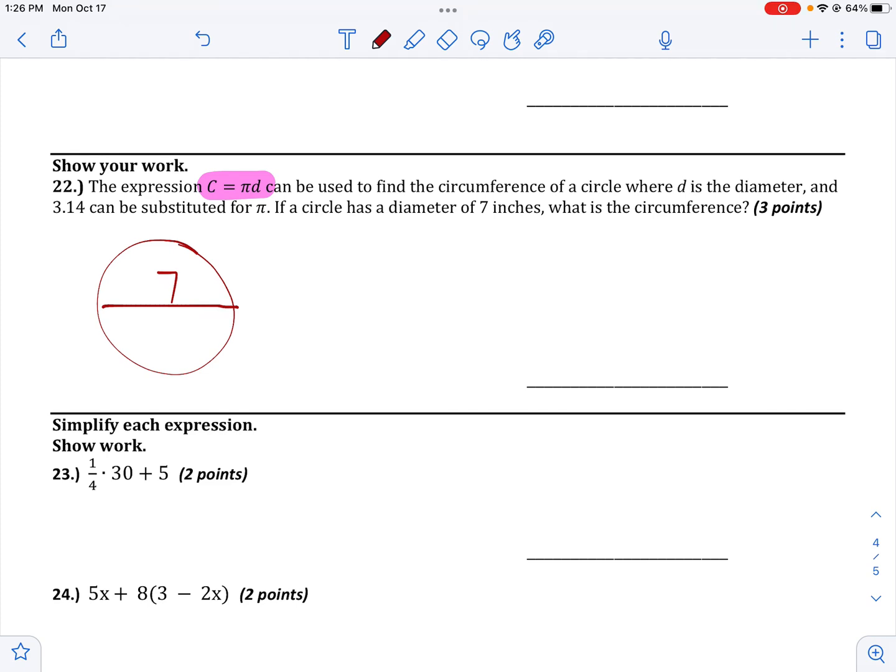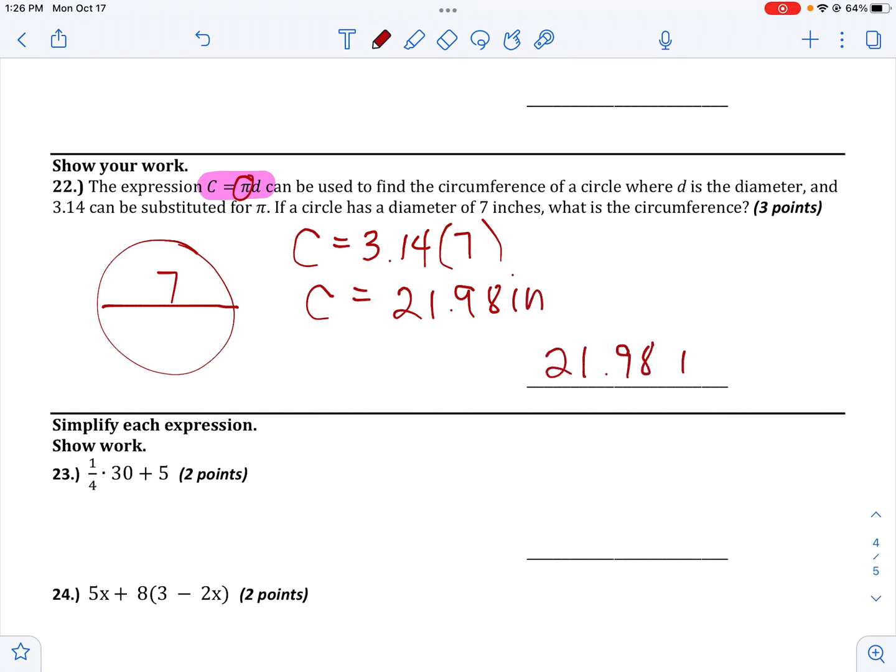I can substitute 3.14 in for pi times 7. And when you do 3.14 times 7, you should get a circumference of 21.98 inches. All right, make sure you always draw a picture.